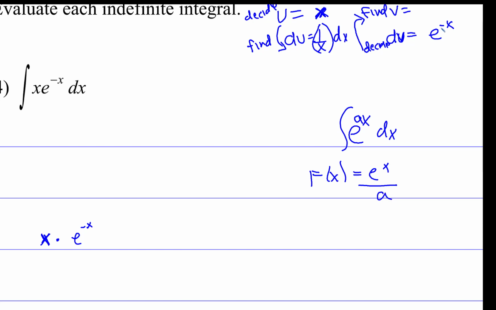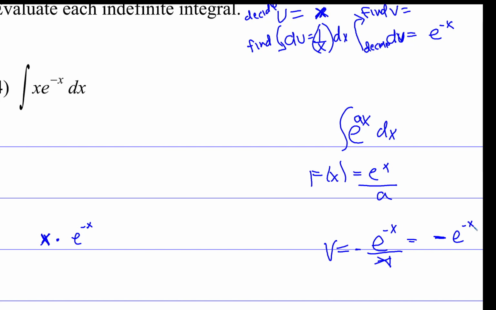So in this case, our a is -1. I'm not sure you can see that very well. So v would be e to the negative x divided by -1, or just write it as negative. The negative can be put out front instead of down here: negative e to the negative x.